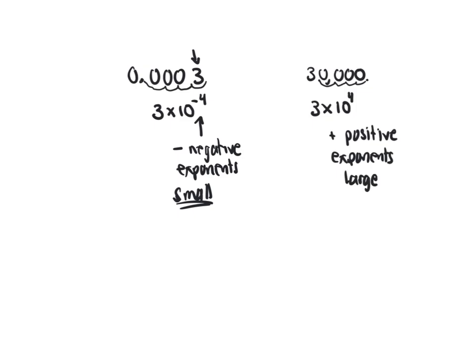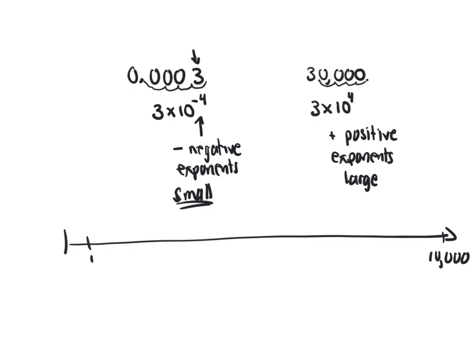If we think about our number line again, let's imagine that here is 1, and clear over here someplace is 10,000, some big number. If I move the decimal place to the left, so if I make this number less than 1, I'm moving to the left, and towards the left goes towards negative numbers.